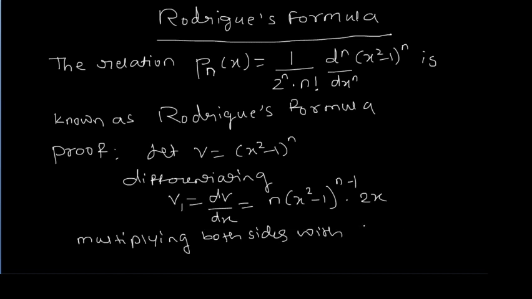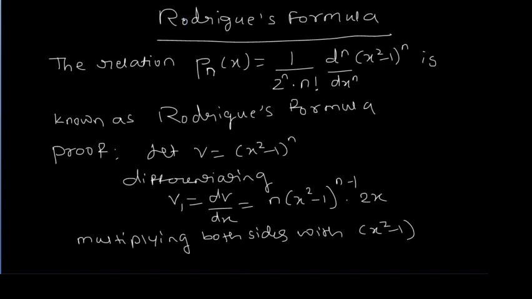Now multiplying both sides with x squared minus 1, we get (x squared minus 1) into v1 is equal to 2nx into (x squared minus 1) whole raised to n.